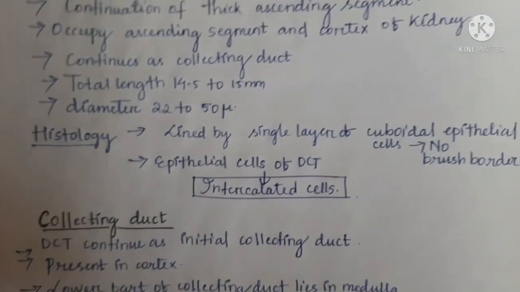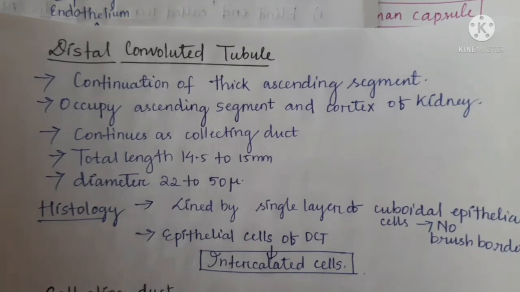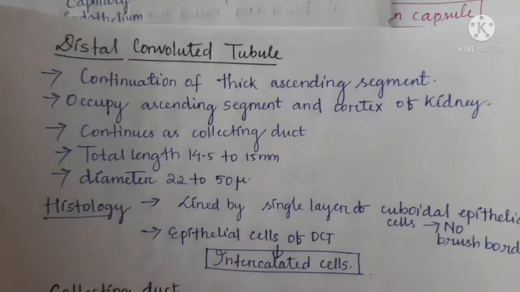Then the distal convoluted tubule. We have already seen the proximal convoluted tubule and the loop of Henle. The third part of the tubular portion of the nephron is the distal convoluted tubule. It is the continuation of the thick ascending segment.